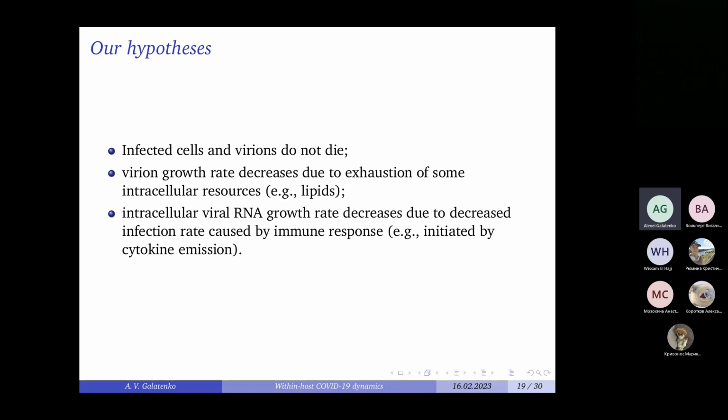It takes some intracellular resource to produce a virus, to produce a virus coat so it can leave the cell. And we hypothesized that the number of such resources is finite, and after some point, this resource gets exhausted. And the growth rate of intracellular viral RNA decreases due to decreased infection rate caused by immune response. For instance, it can be initiated by cytokine emission.